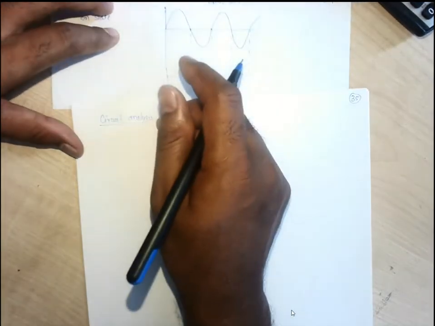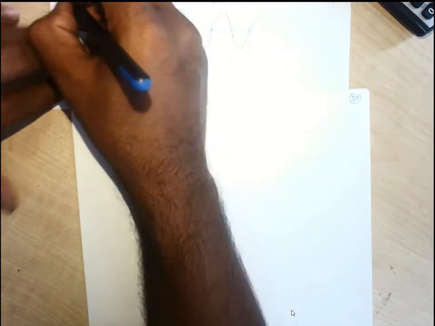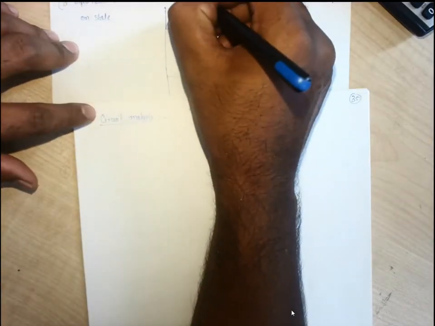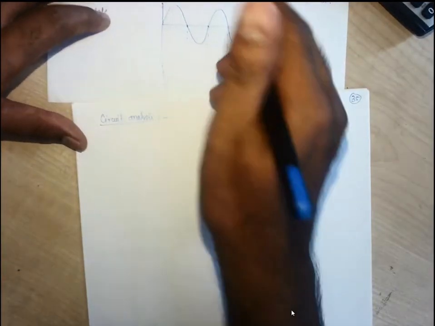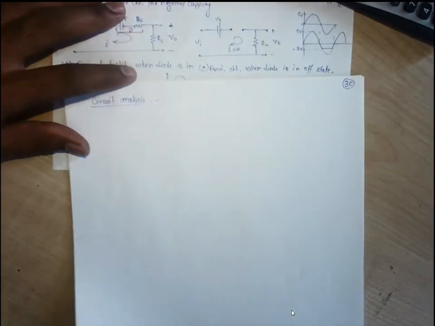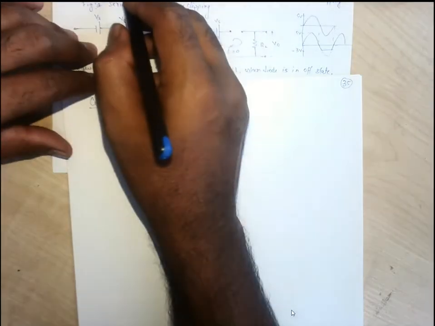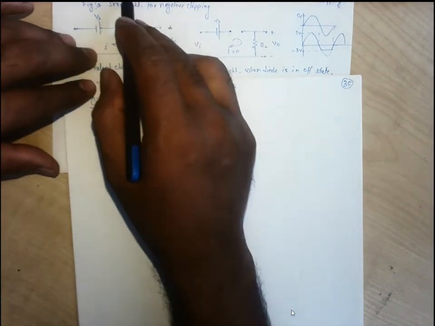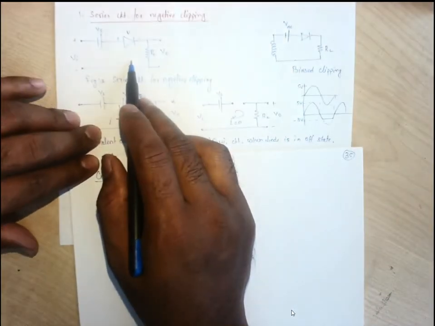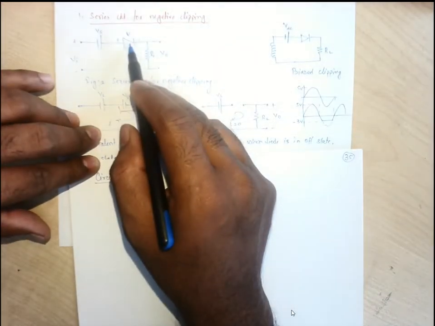Now let us label this as figure A, this is figure B, this is figure C. Now if we apply KVL on figure A, what will be the voltage coming across this diode?